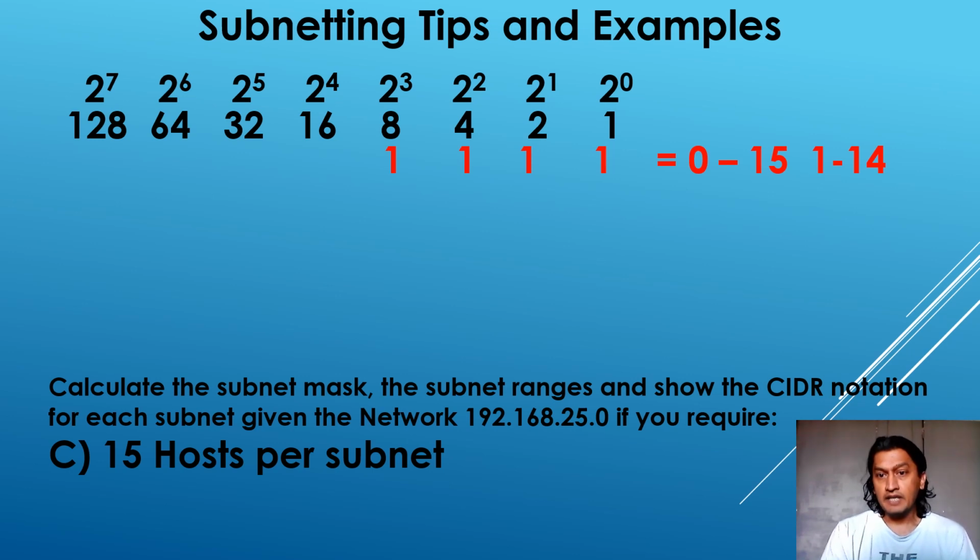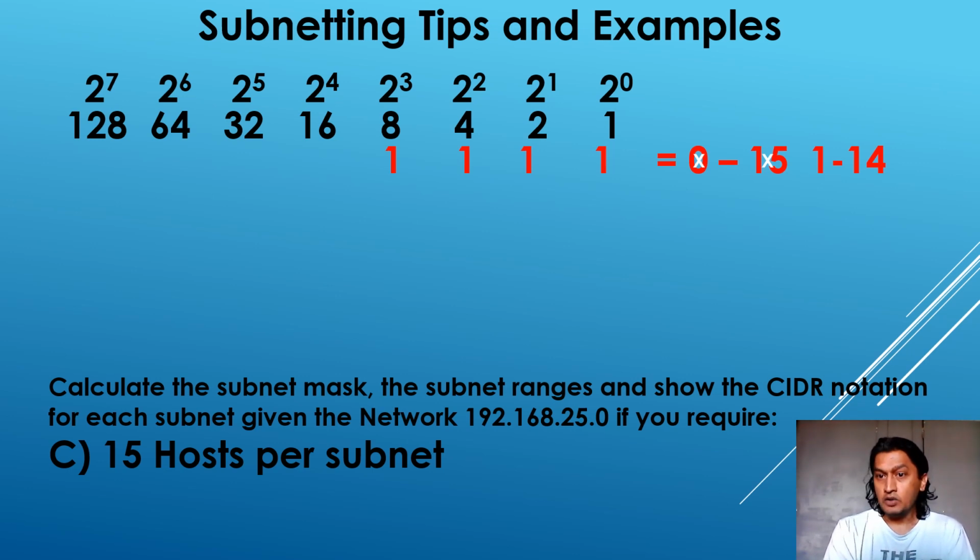Because you can't use those 2 addresses, I don't actually have 0 to 15. What I have instead is 1 to 14. I can't use 0, I can't use 15. So I only have 1 to 14, which only gives me 14 hosts per subnet. That does not accommodate my need for 15 hosts.